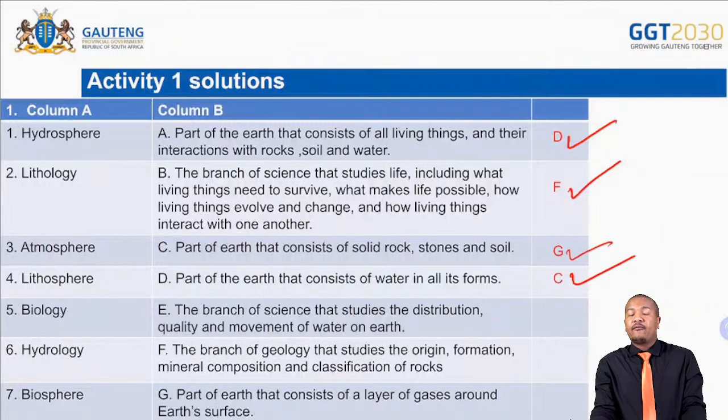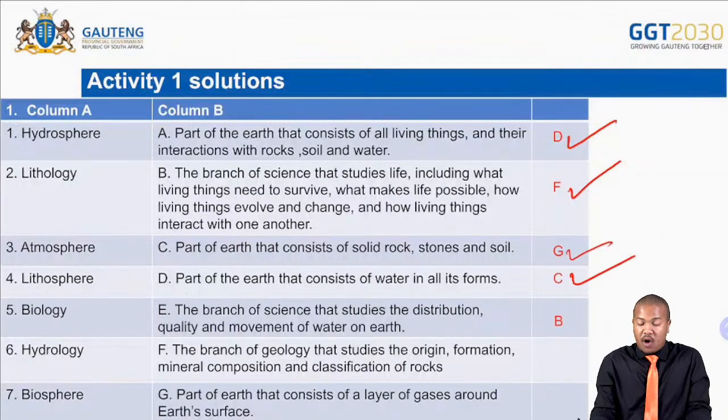Then 5, biology, corresponds with B, which is the branch of science that studies life, including what living things need to survive, what makes life possible, how living things evolve and change, and how living things interact with one another.